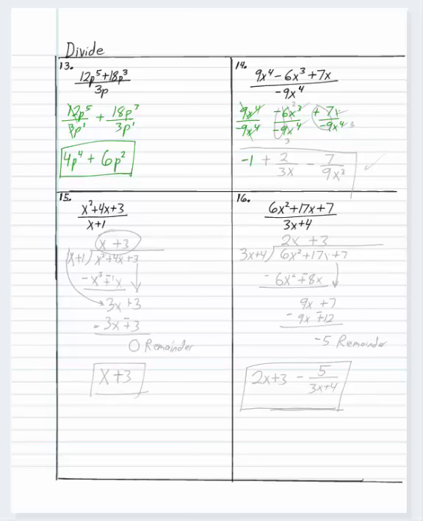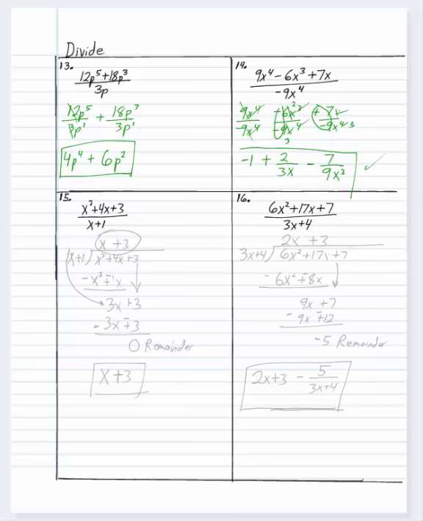With the second fraction, two negatives make a positive. 6 and 9 can reduce to 2 and 3, so we have 2 over 3, and x^3 and x^4 cross off to leave x in the bottom. So 2 over 3x. With the third fraction, a plus and a minus is really negative. 7 and 9 will not cross off, and x and x^4 does cross off to become x^3 on the bottom. And as bad as this looks, that's actually the answer.